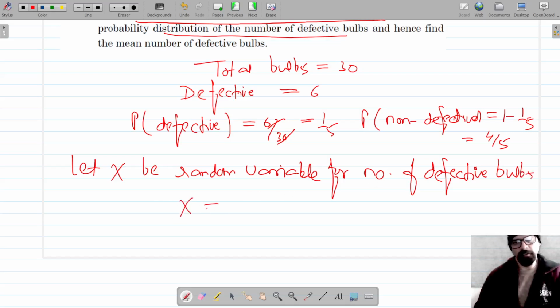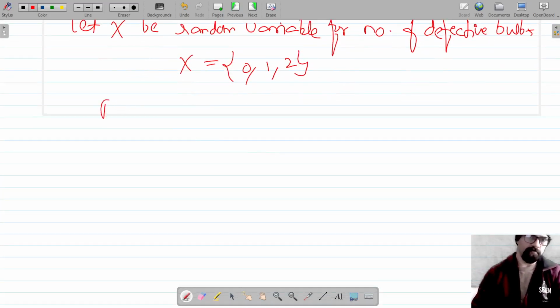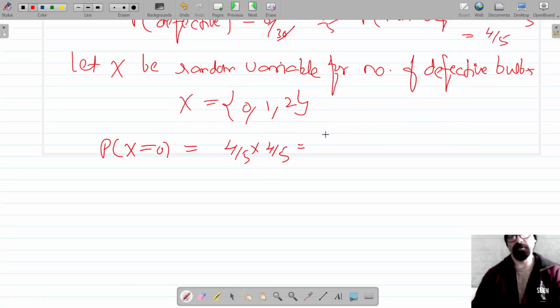Now either none of them is defective, or one of them is defective, or both of them are defective. So let's find the probability of X is equal to 0. That means the first one is not defective and the second one is also not defective. So 4 by 5 into 4 by 5, which gives me 16 by 25.